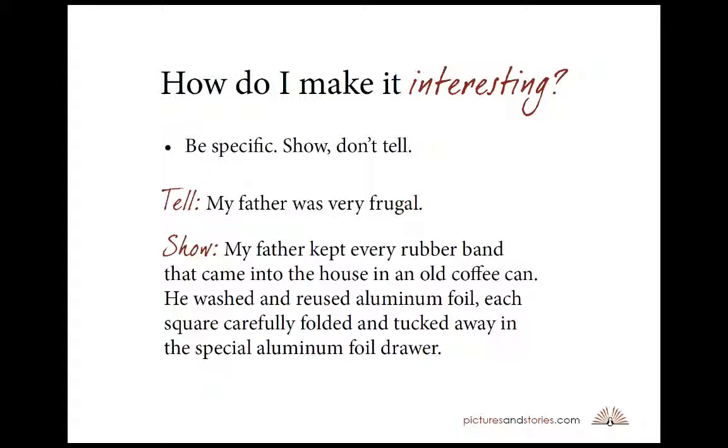He washed and reused aluminum foil, carefully folded up each square and tucked it away in the special drawer that he kept just for aluminum foil. That creates a picture in the reader's mind of what that really looked like, because frugal people are all frugal in their own ways.